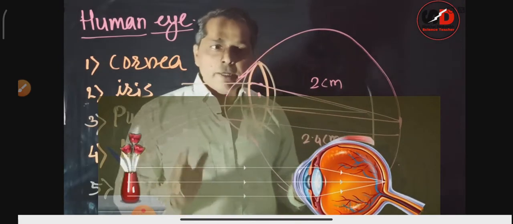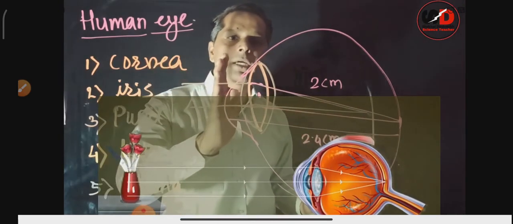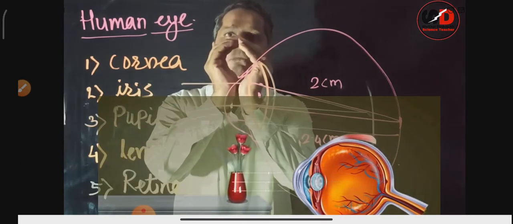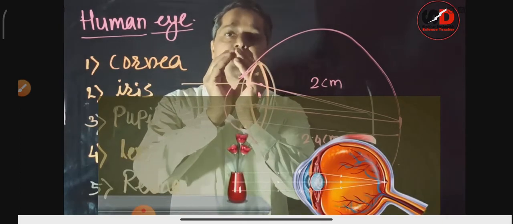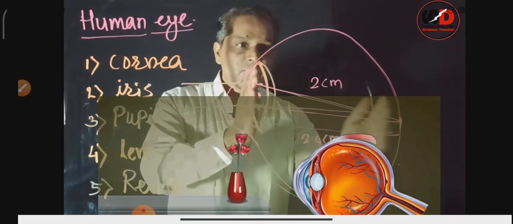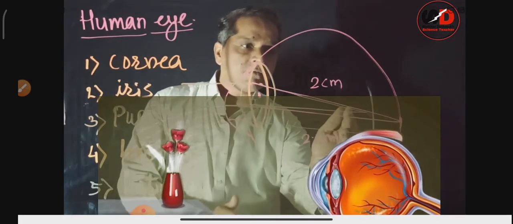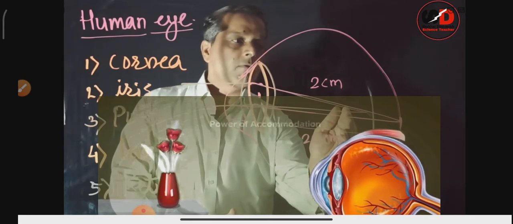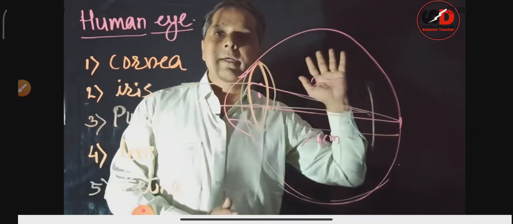So what happens, whenever the object is coming closer, the lens bulges out. It changes the shape, it reduces the focal length. The focal length is 2 centimeter, it reduces the focal length and finally the image is formed on the retina.